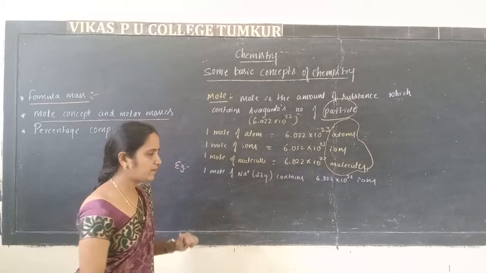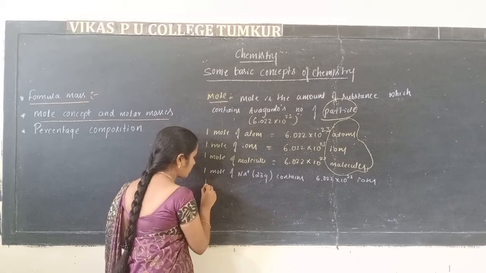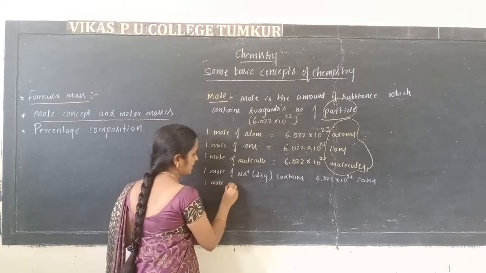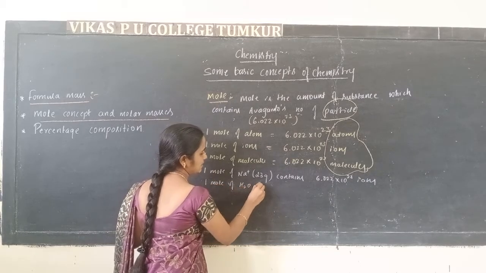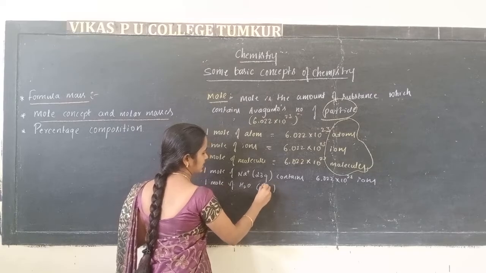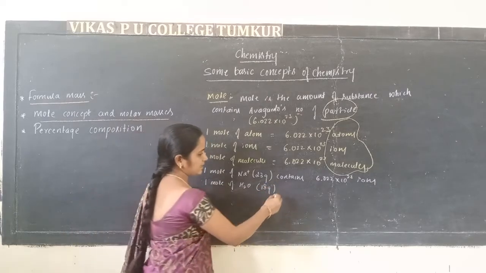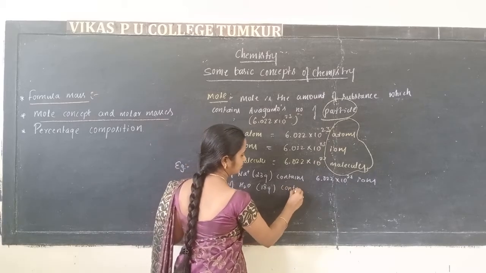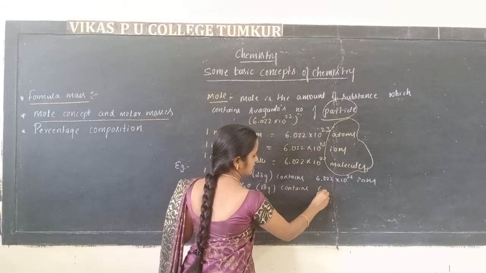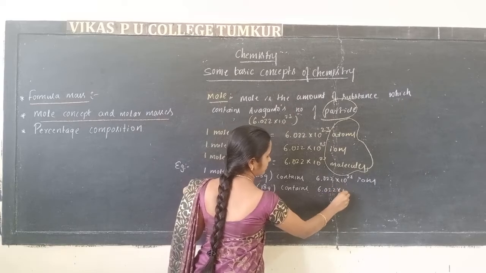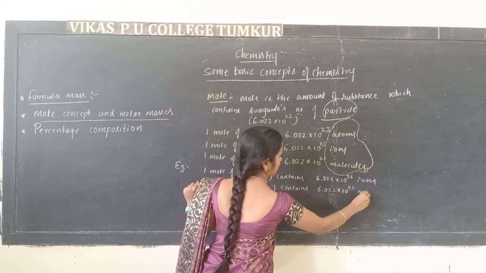Like that, 1 mole of water, H2O, is 18 gram, the molecular mass of water, contains 6.022 into 10 to the power of 23 molecules.